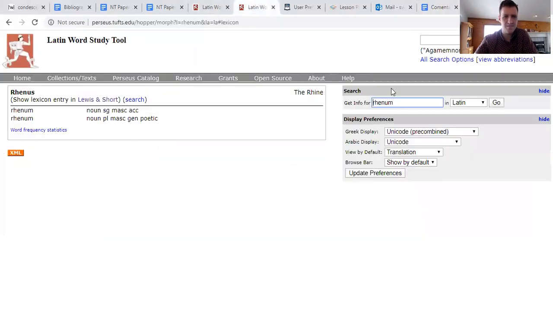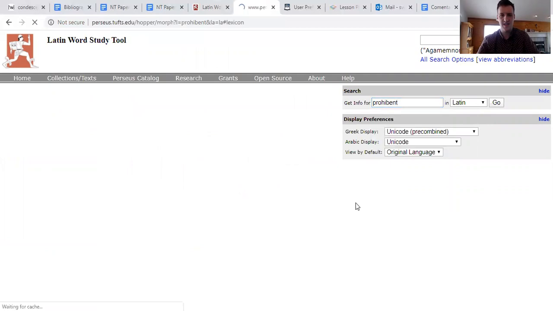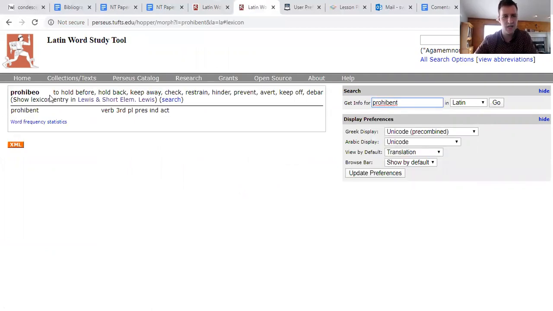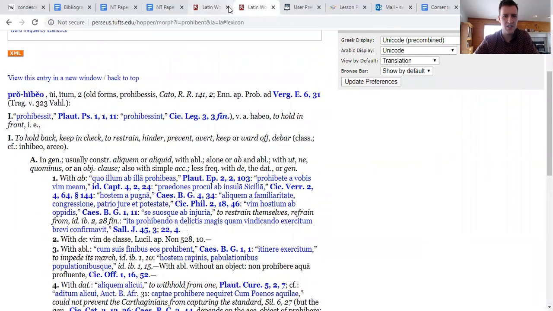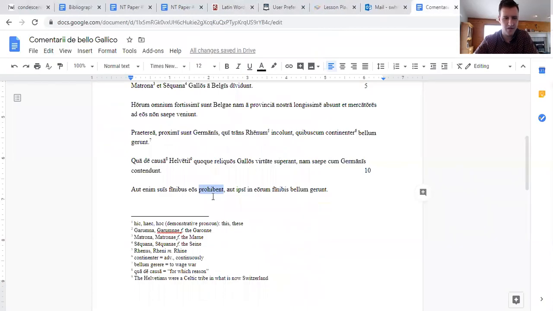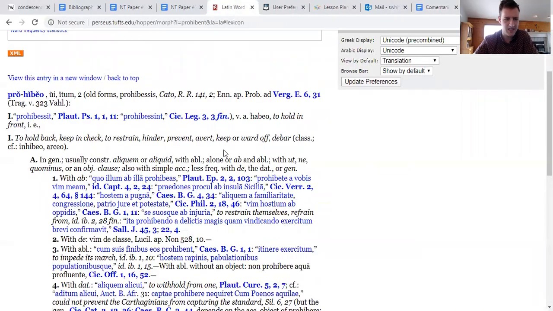Prohibent. So let's, I actually did not translate this line ahead of time, so we'll do it at sight here. Prohibeo, to hold before, hold back, keep in check, avert, ward off. Second conjugation, so I think we've got third plural present. So either they ward them off, and now let's see.